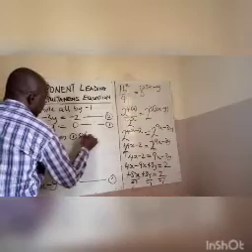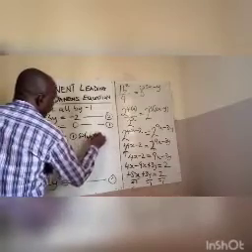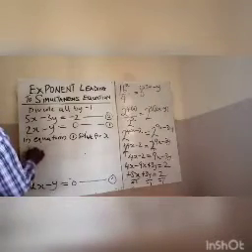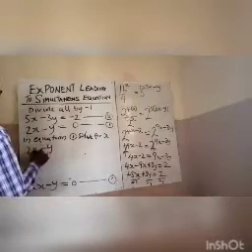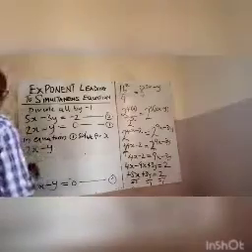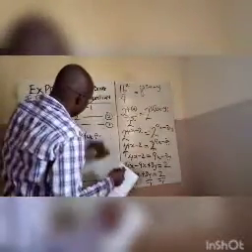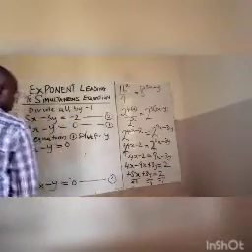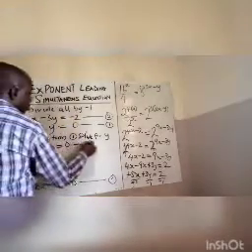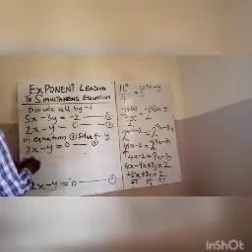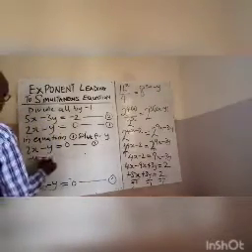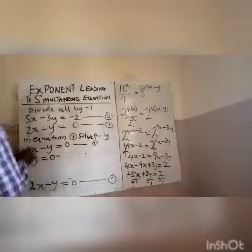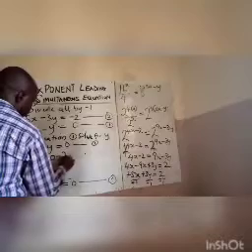Solve for y: 2s minus y equals 0, so minus y will be equal to 0 minus 2s.